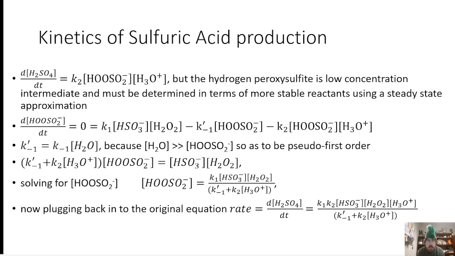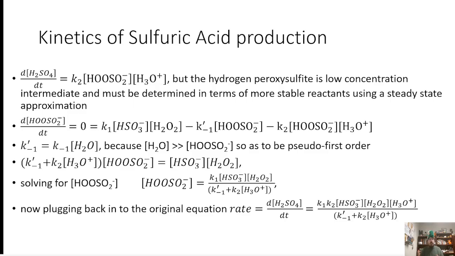So, looking at the speed of this, the formation of sulfuric acid, in this case, is a function of K2, the acid concentration, and the hydrogen peroxysulfite. But since the hydrogen peroxysulfite is usually in low concentration, we need to determine this in terms of its more stable reactants using the steady state approximation.